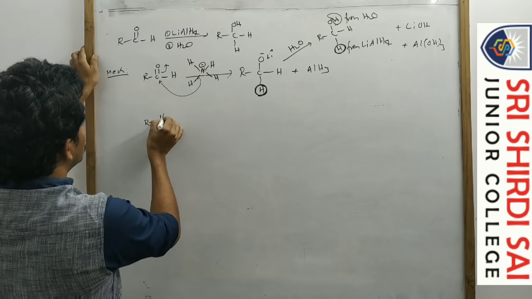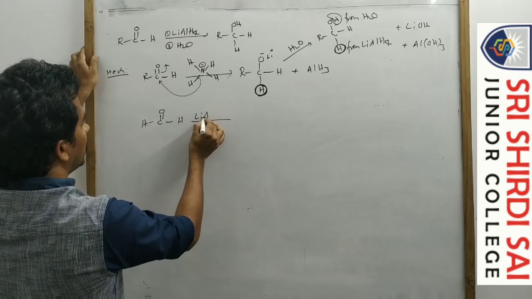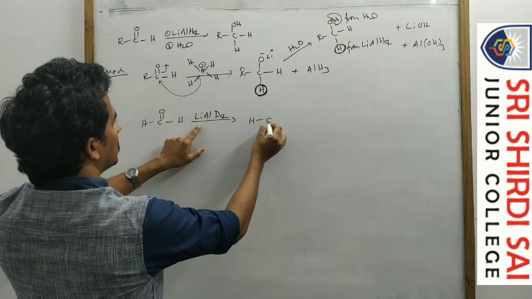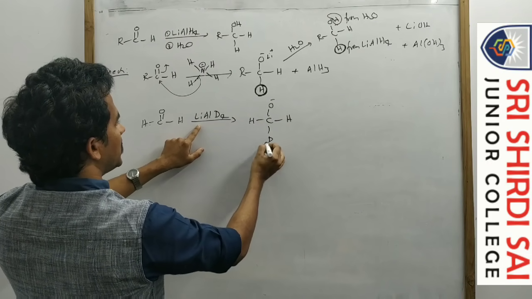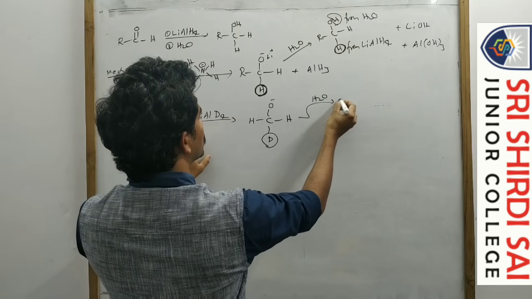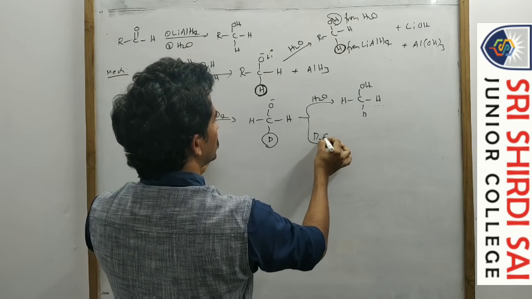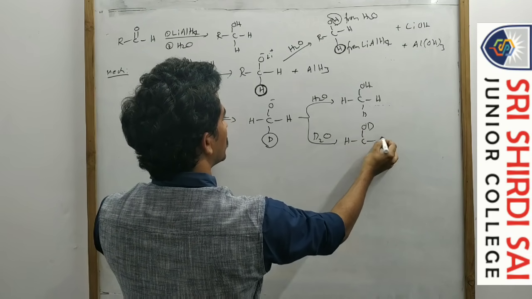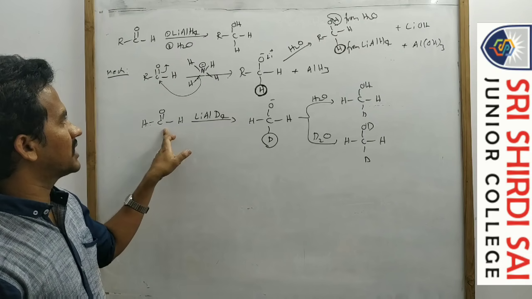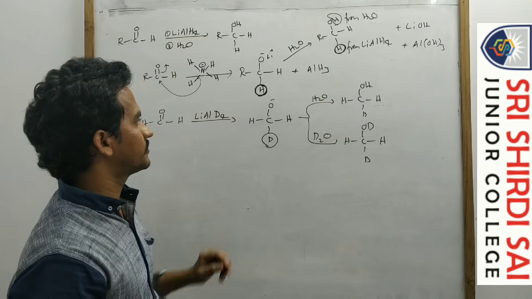Now I am writing this one: C double bond O with H, taking formaldehyde here, with LiAlD4. In this case, D minus is attached to the carbon. Next, followed by hydrolysis, I am taking H2O, so we get OH, H, and D. Suppose I take D2O, then we get OD, H, and D. So the hydrogen present on the carbon comes from the LiAlH4, and the hydrogen present on the oxygen comes from the water solvent.